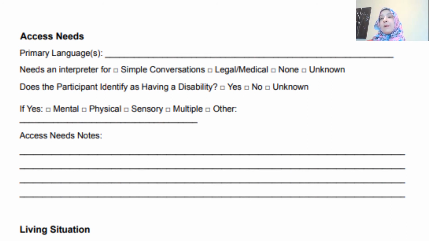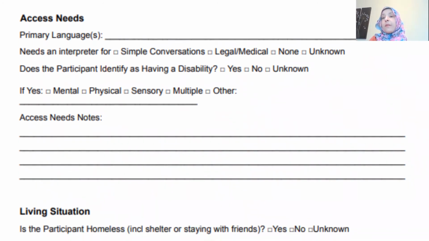So somebody may have a condition that results in extreme fatigue. And so knowing that would help us understand if perhaps they're not able to stay focused or they seem lethargic during an interview, for example. So that is a really useful piece of information.